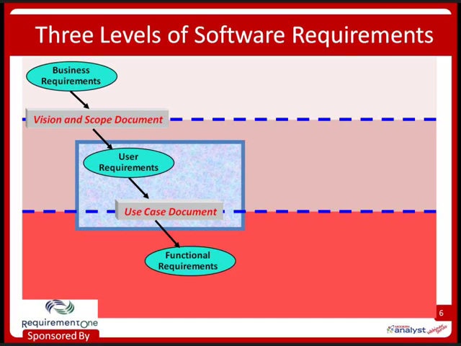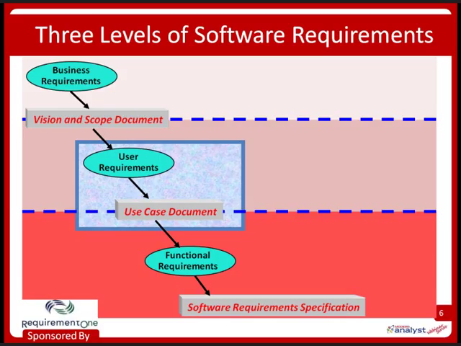We need to go down to the third level of functional requirements. And functional requirements make up, in most projects, the largest portion of a software requirement specification, or SRS. So these three containers, a vision and scope document, use case document, and SRS, are three kinds of key information that most projects need to make sure that we build the right system that lets people get things done.